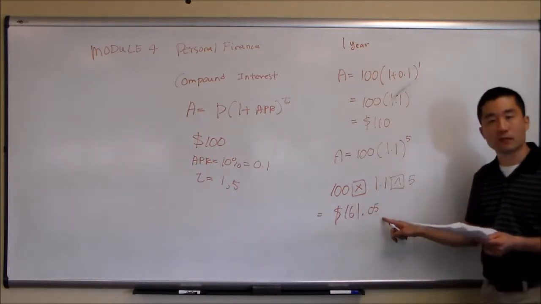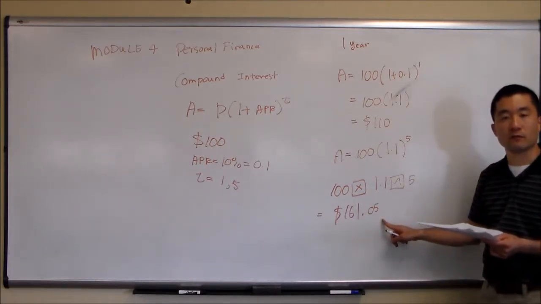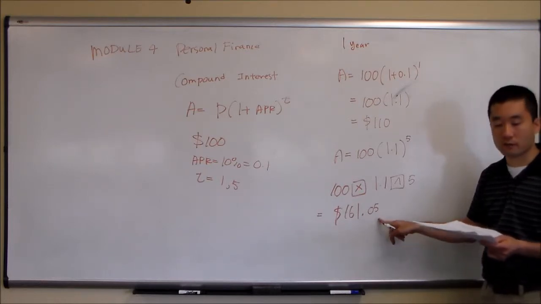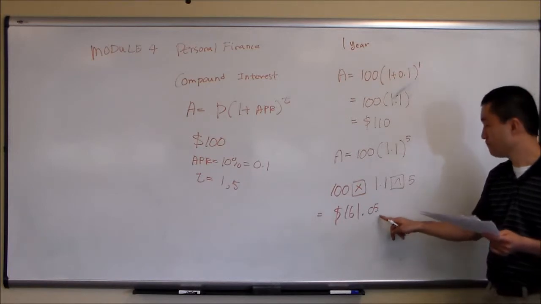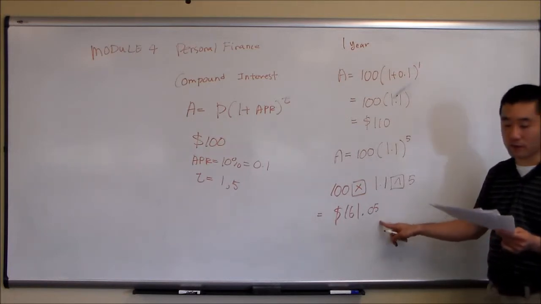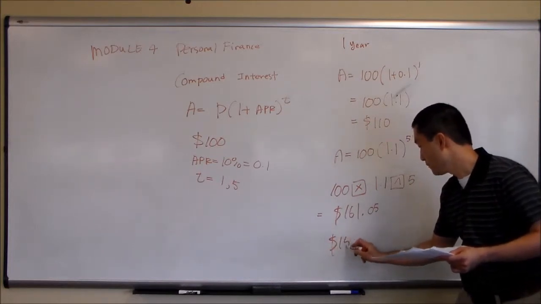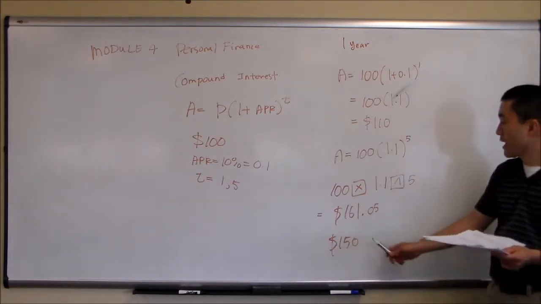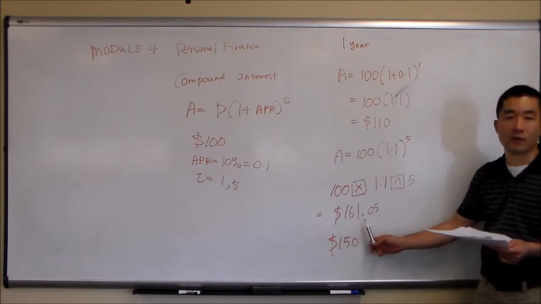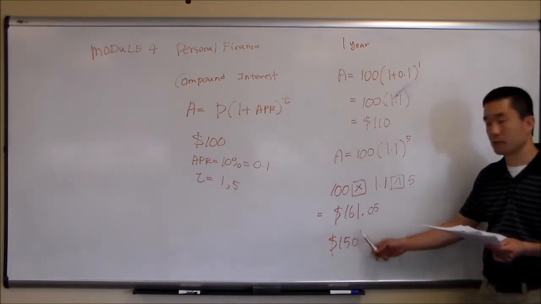We cut it off at 2 decimal points because that's what we do in the typical world. We go up to the cents. If you compare this to the simple interest, which was 150, you see the compound interest accumulates $11 more.